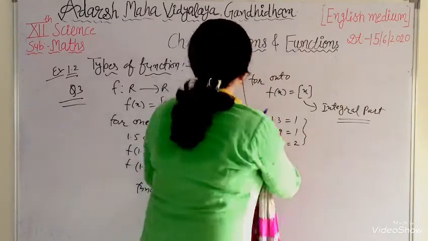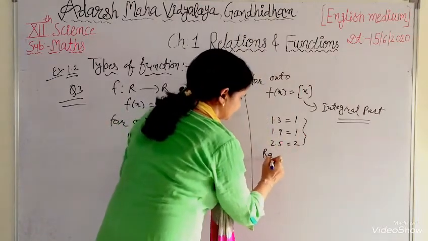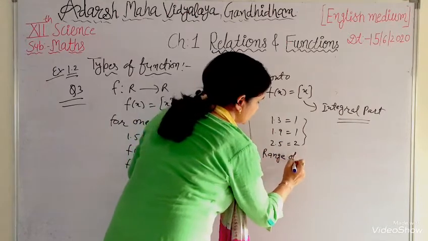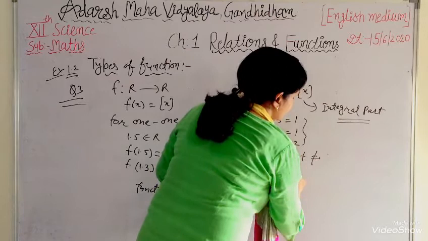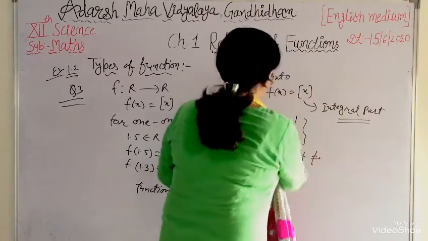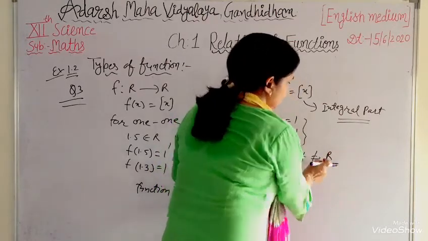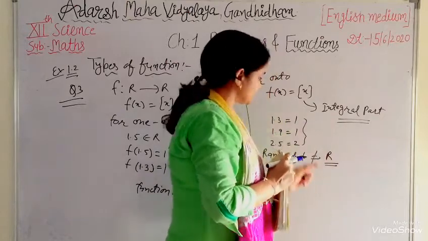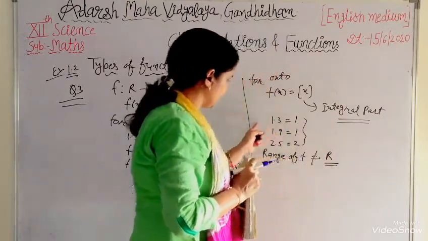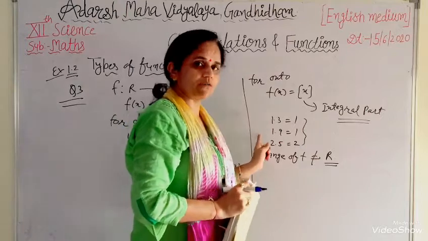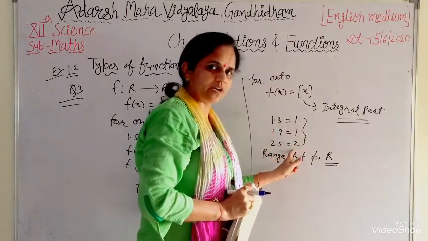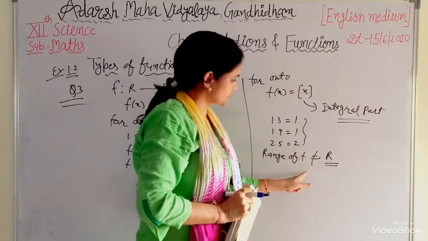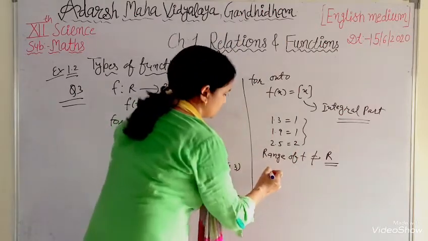Like this, student. So see here, the range of the function is not equal to R, since R has all elements including fractions, and the image of all these elements is the integral part, not a fraction. So it is not onto.